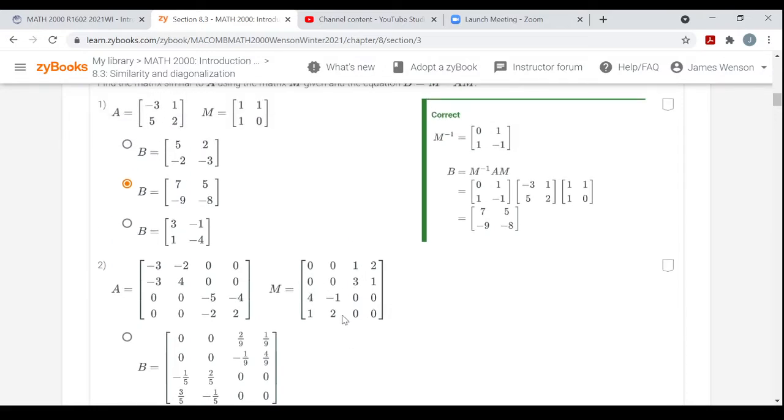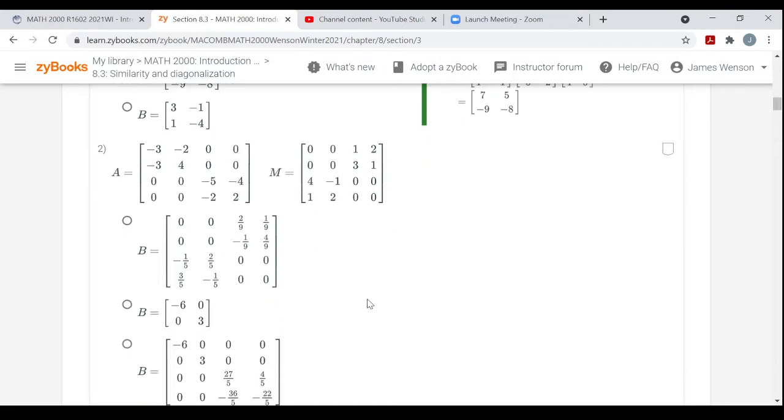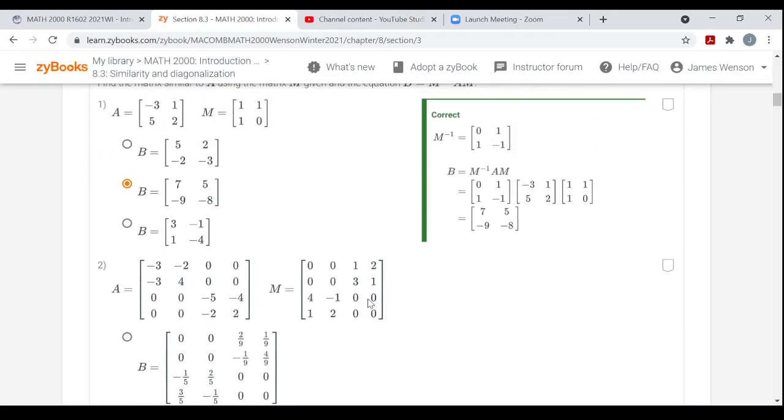now these have lots of zeros and blocks of 2 by 2s, so it might not be so hard to figure out what M inverse is, but if you want, I would suggest just enter this as a 4 by 4 matrix in your calculator.